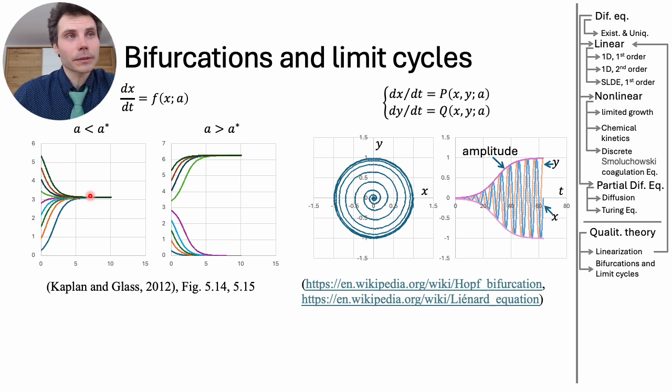But then something happens. Once the parameter crosses the value of a asterisk, the stationary point stops being stable any longer, and the kinetics diverges from it and accumulates around two other stationary points.